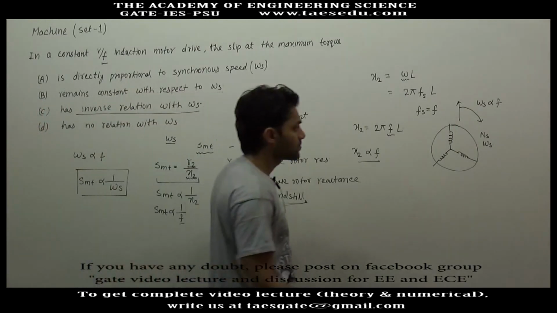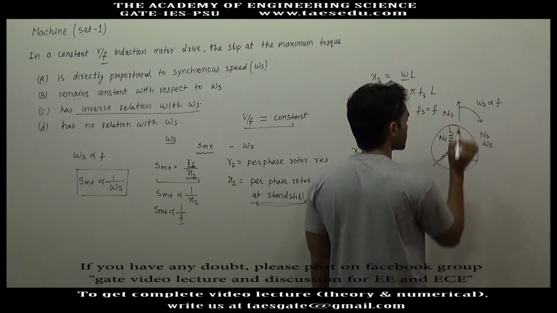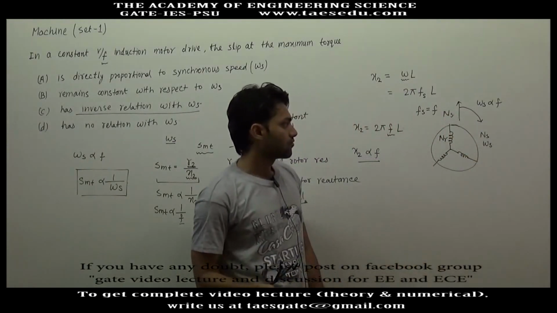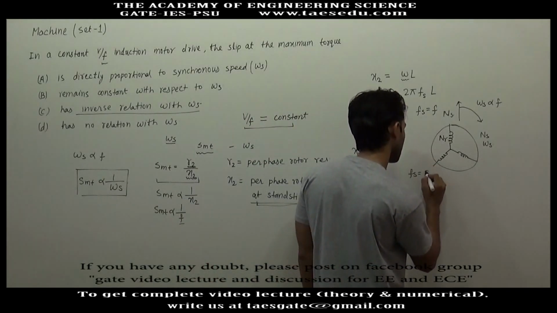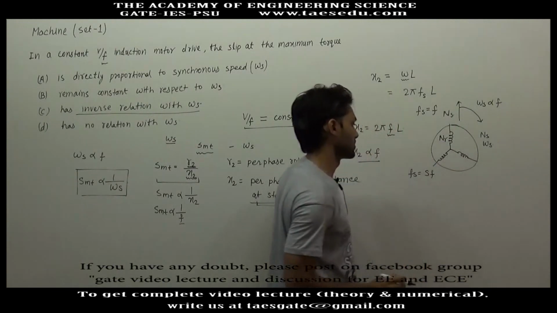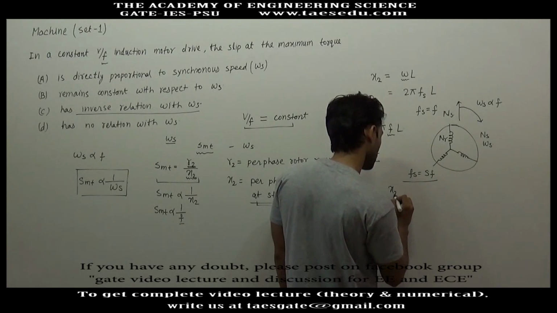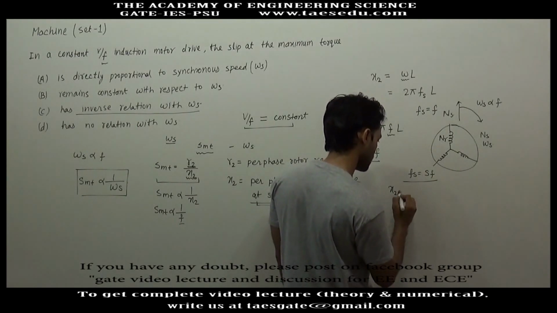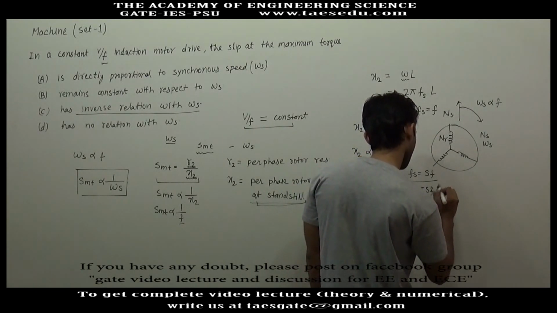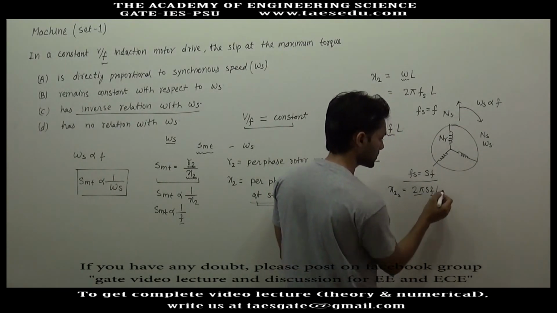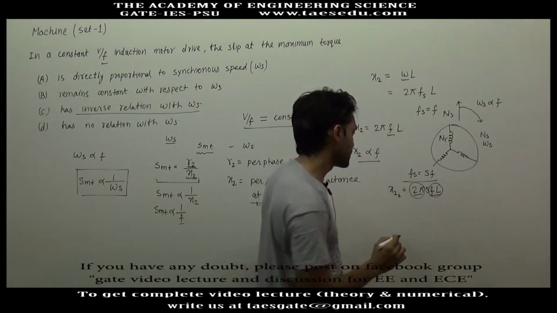At any arbitrary speed of the induction motor, let's say the speed is Nr and synchronous speed is Ns, the frequency of the generated voltage in the rotor winding will be the slip frequency, that is S into supply frequency. In this case the actual reactance offered by the rotor at slip S will be 2 pi S F into L. 2 pi F into L is X2, the rotor reactance at standstill.